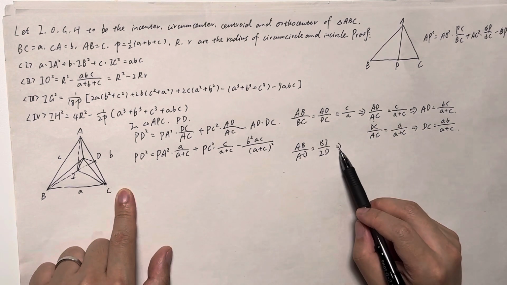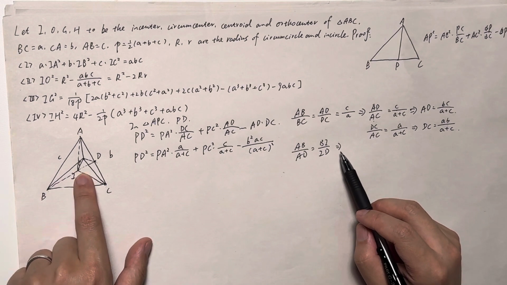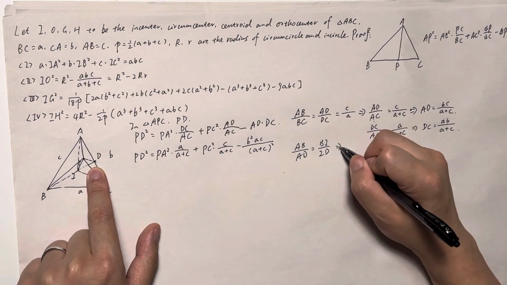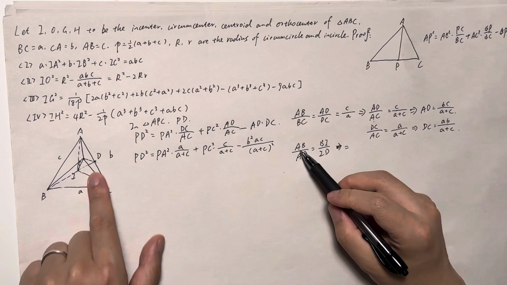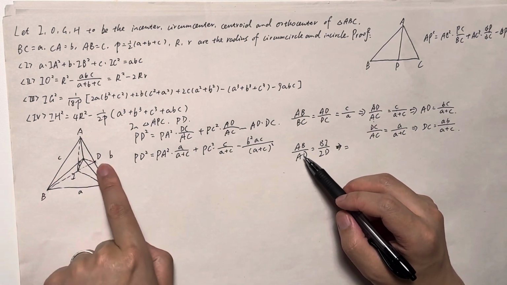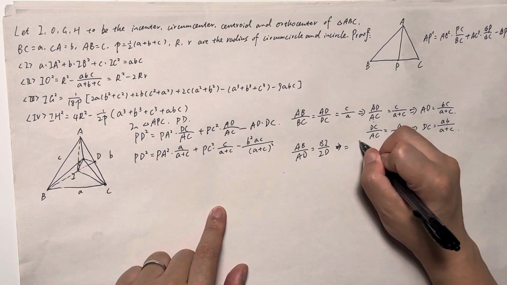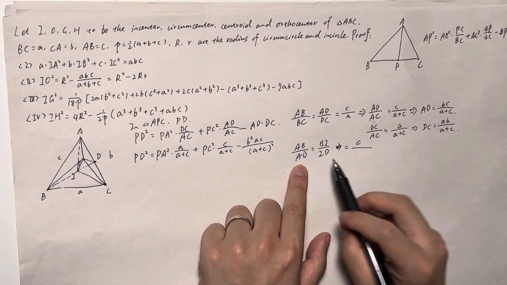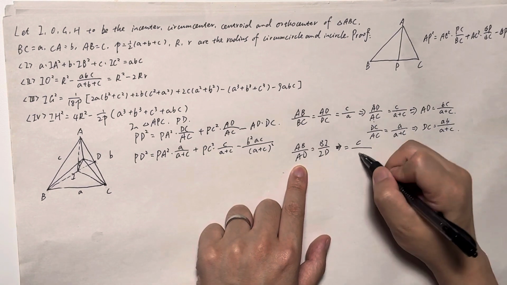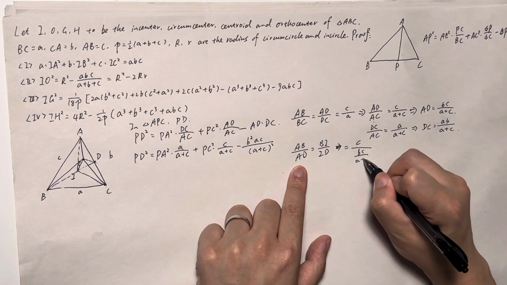AB is c, and AD is this one, bc over a plus c.